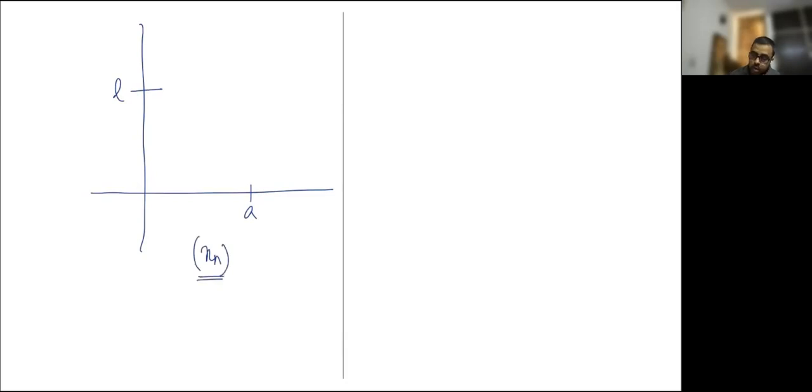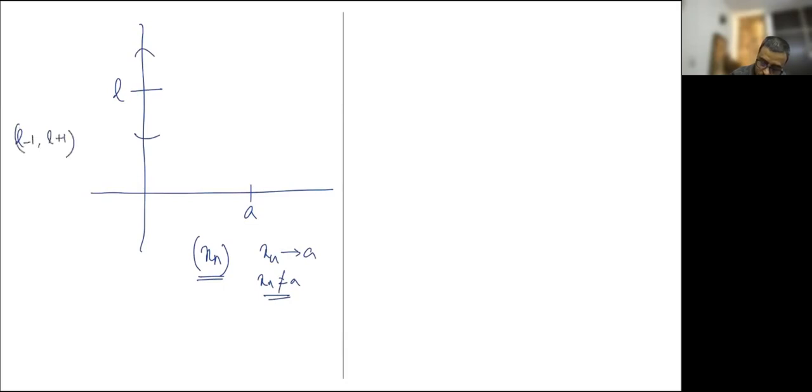So let's look at such a sequence, and then what happens? I'll just restate what we did on the last page. So a is this, and now we have a sequence already to start with. Now just do as before, epsilon equal to 1.